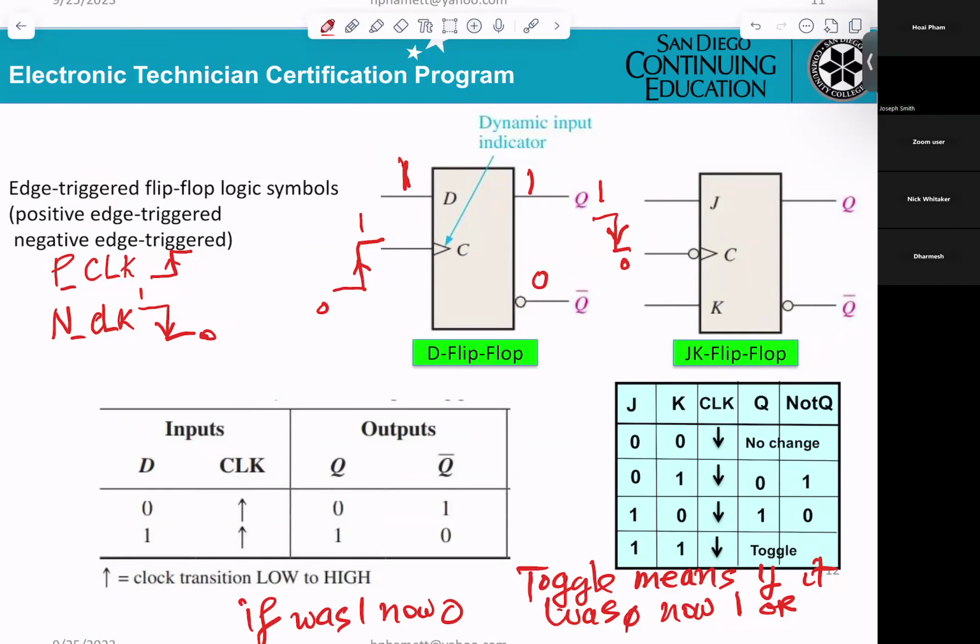Basically, the clock inside the computer is only used to store the value Q equal 1 or 0.